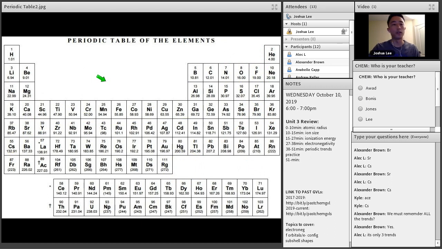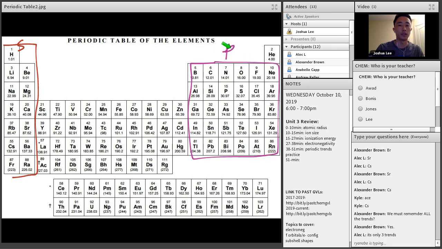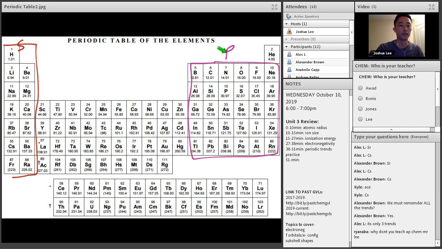So electron configuration, what you have to basically remember are where all the blocks are. So the S block will be right here. So that's all S. P block is everywhere here. D block is all here.